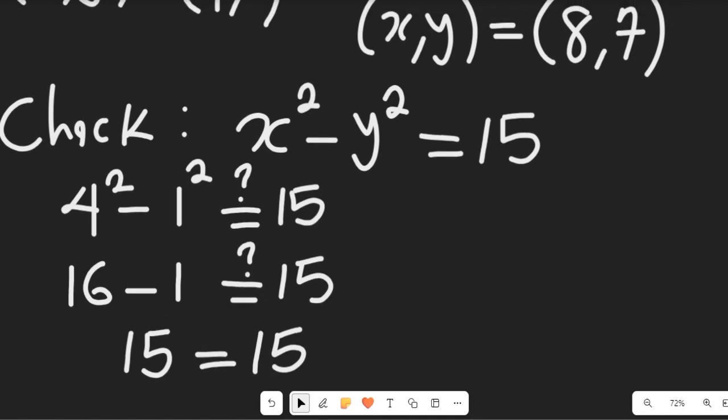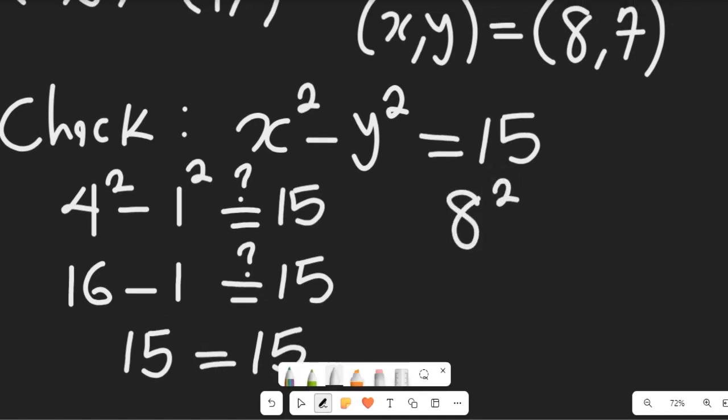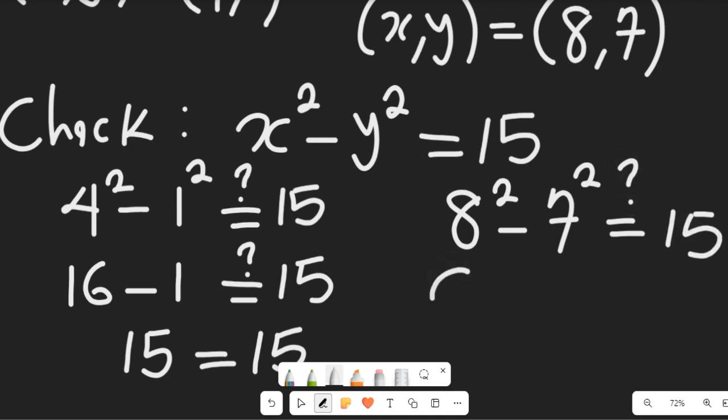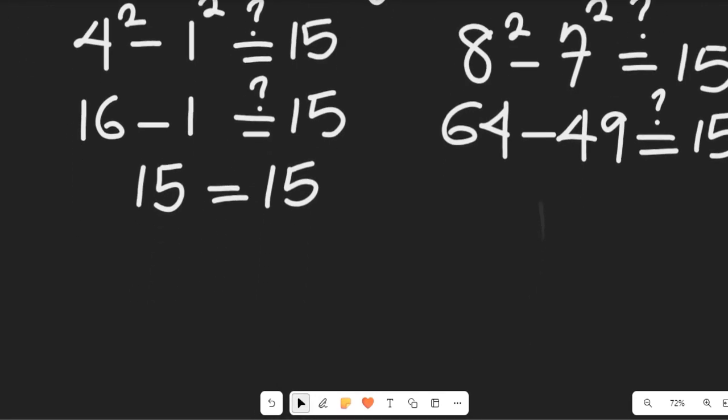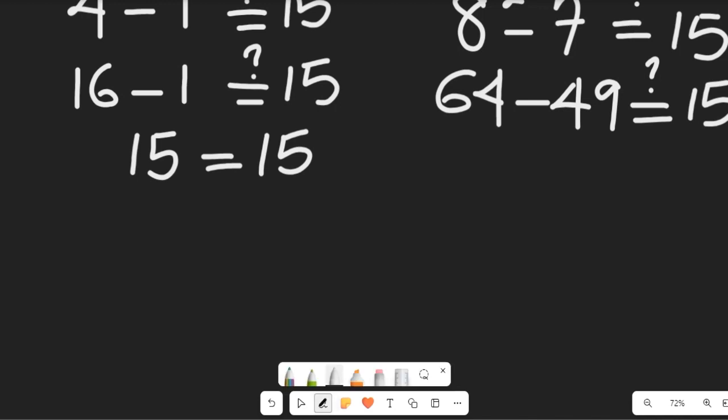Now let's check out the second solution. From the second solution, we'll have 8 squared minus 7 squared. Will it be equal to 15? Let's check. 8 squared is going to give us 64, minus 7 squared, which is 49. So 64 minus 49, is it going to give us 15? 64 minus 49, that is 15, right?